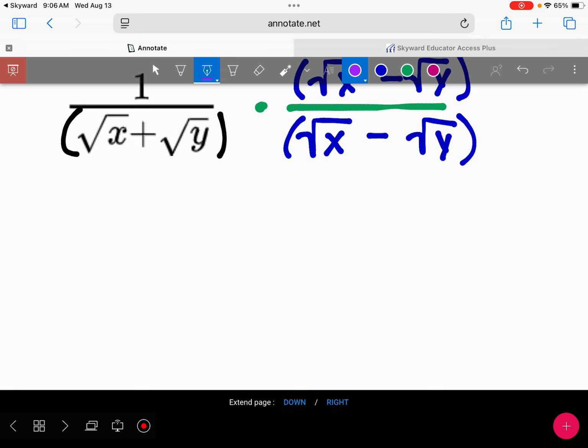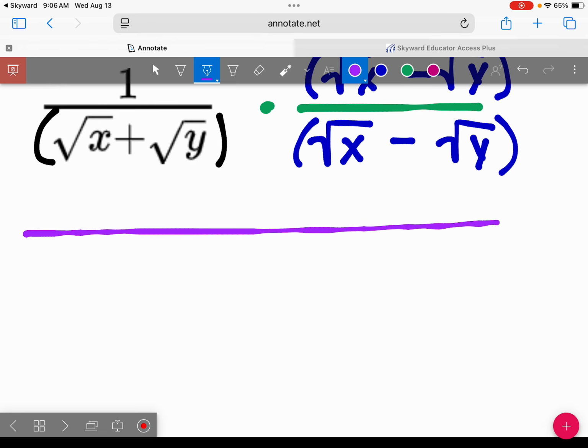So when we multiply out this denominator, if you combine your like terms at the same time, totally fine. I'm going to actually write it out because we don't have to rush for time this time. So if we multiply out our square root of x times square root of x, we get square root of x squared. If I have my square root of x that we multiply by the minus y, we're going to have minus square root of xy.